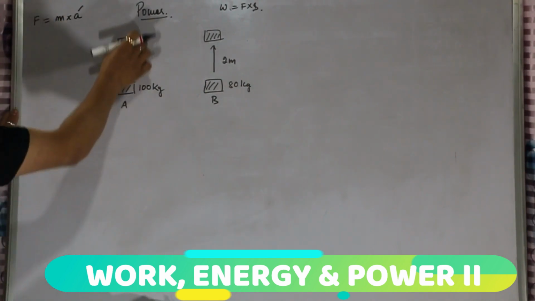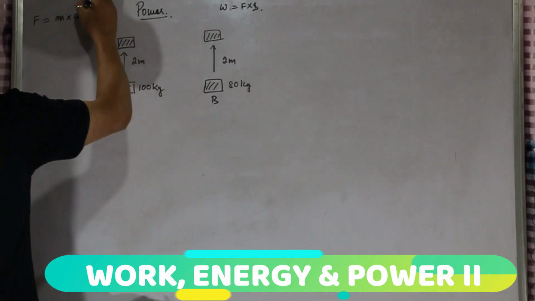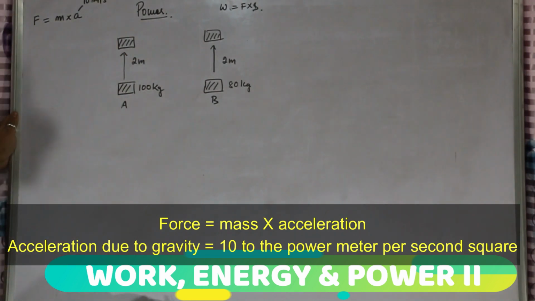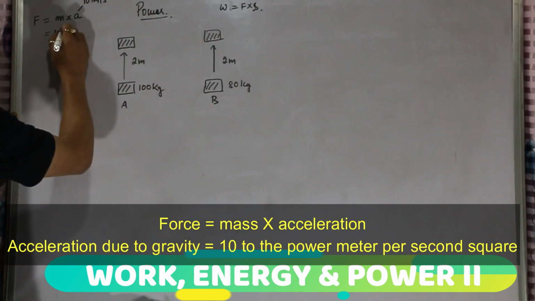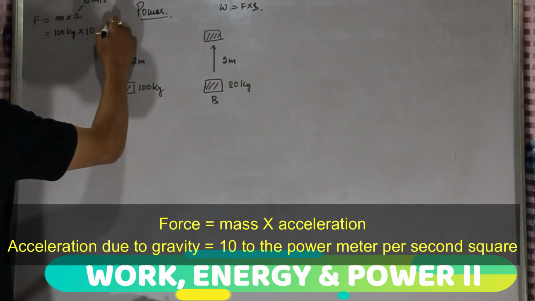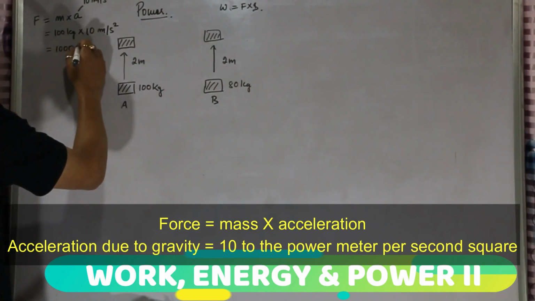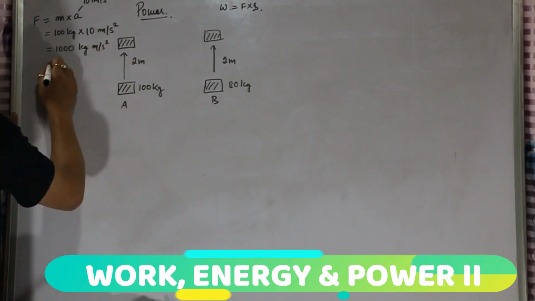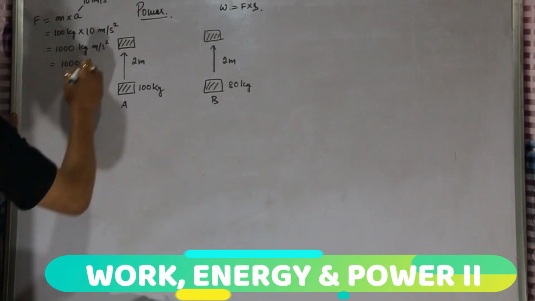Here the acceleration is the acceleration due to gravity, which is 10 meter per second square. So mass is 100 kilogram into acceleration 10 meter per second square, which gives 1000 kg meter per second square.